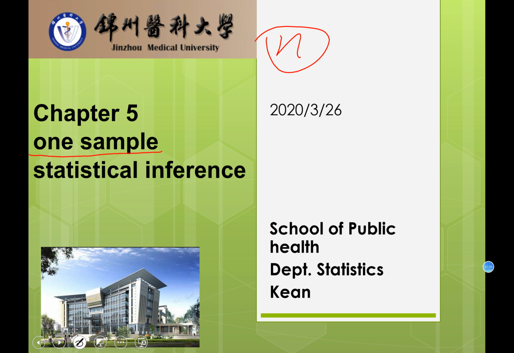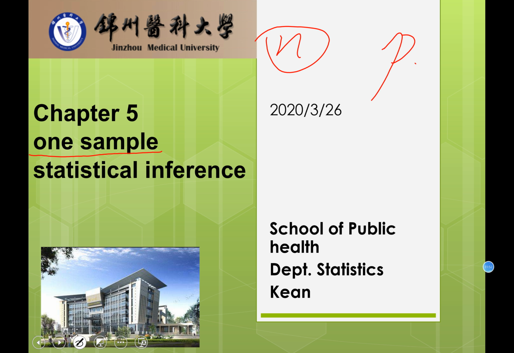So we need to know that one sample is very special in medical statistics. That means there is only one sample in the question, but in the question there will be a given population.